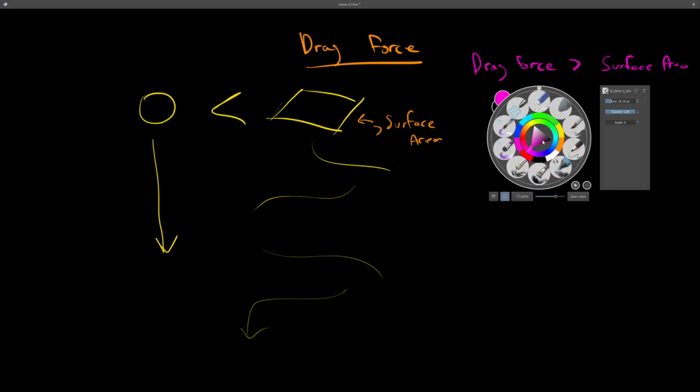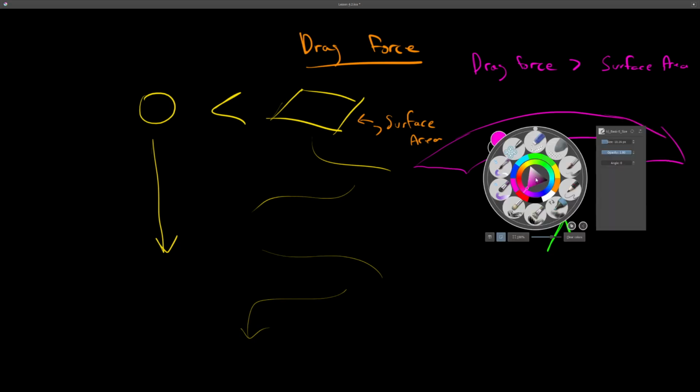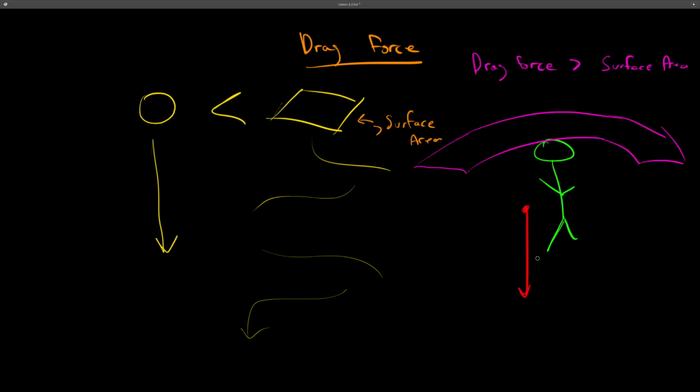So, for example, when a person parachutes or glides, his parachute is very thin, but the parachute itself is very large in surface area, which resists the force of gravity downwards. So that's how they resist the force of gravity. You have a drag force that's extremely high that resists the force of gravity.